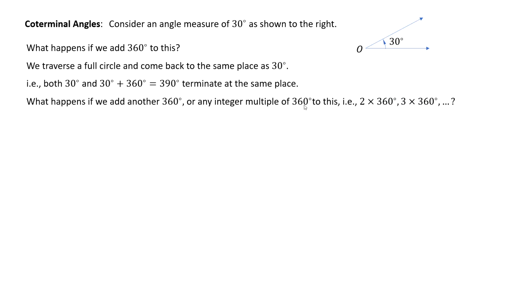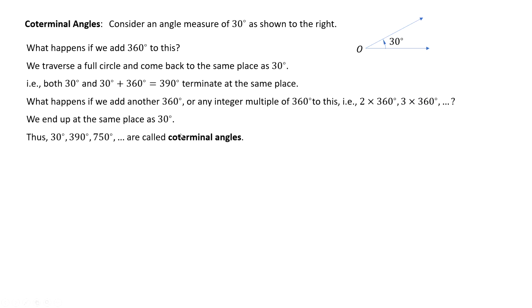So that's the idea. We end up at the same place as 30 degrees, and so thus 30 degrees, 390 degrees, and add another 360, it becomes 750. They are all called coterminal angles.